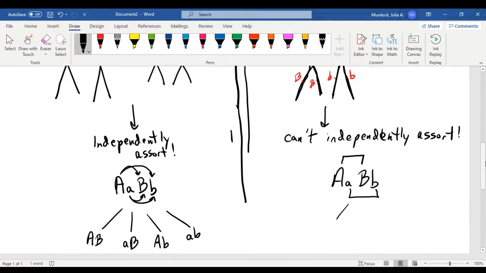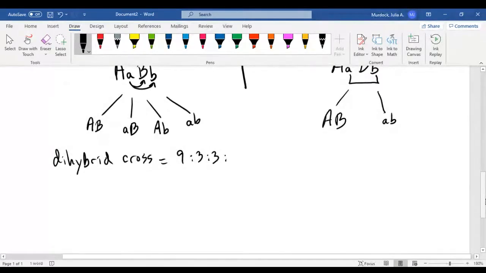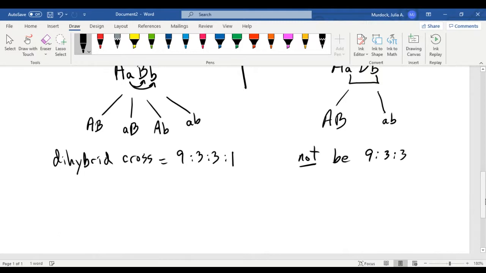And so really the only gametes that can come out of this are big A, big B, and little a, little b, because they're stuck together, right? So the results will not be 9, 3, 3, 1. There'll be something different.